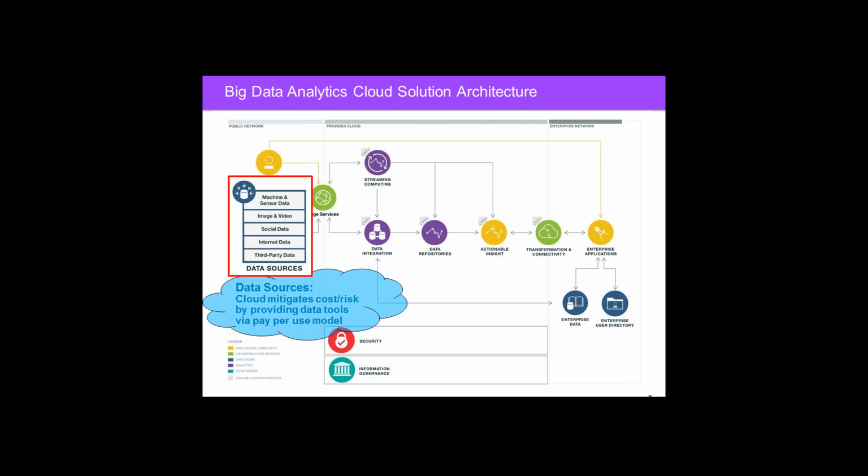You now have capabilities, as I'm sure everybody on the call already knows, to process significantly larger volumes and velocities of data than before. So when we talk about data sources, they range from traditional sources, such as your transactional data or data of high value to the organization, to new sources of data that may or may not exist within the enterprise.